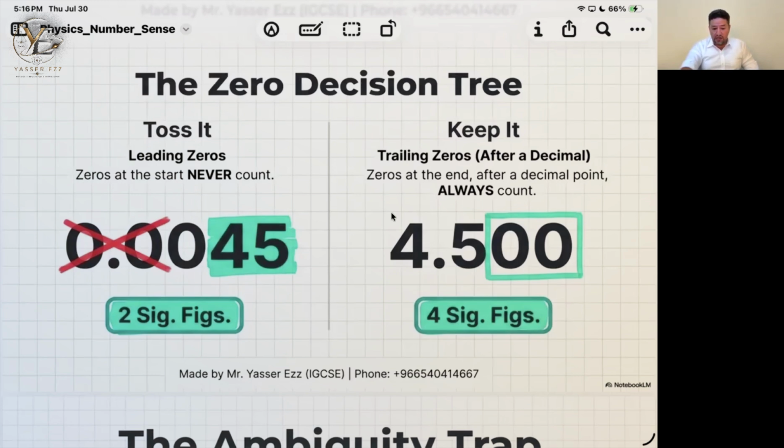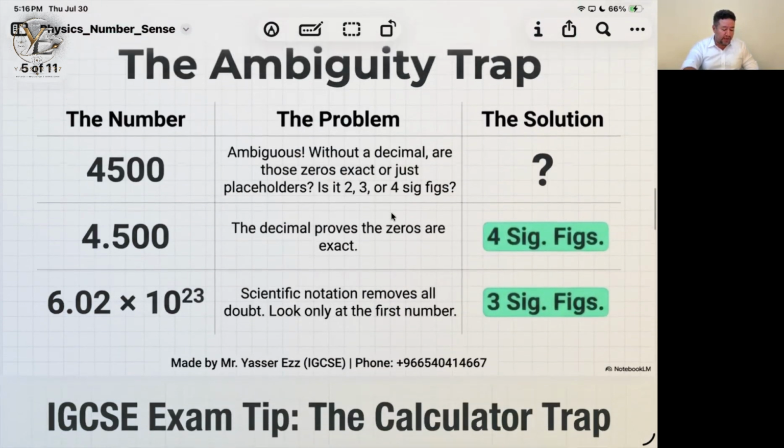If we have zeros on the right and a decimal point, they are counted, so we count them as four significant figures because there is a decimal point. If there is no decimal point, here is the mystery. We have 4500. It's like a mystery, or as you can say, an ambiguous number that we cannot decide. Is it two significant figures?